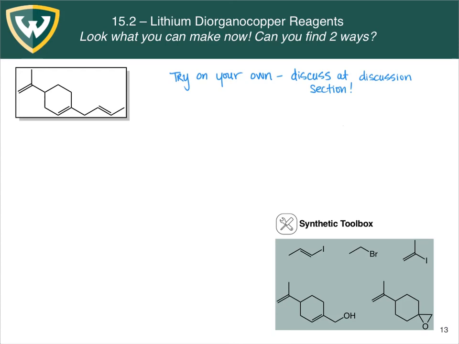One quick hint I'll give you is that you always want to look at what bonds are already present in the available starting materials and in the target molecule.